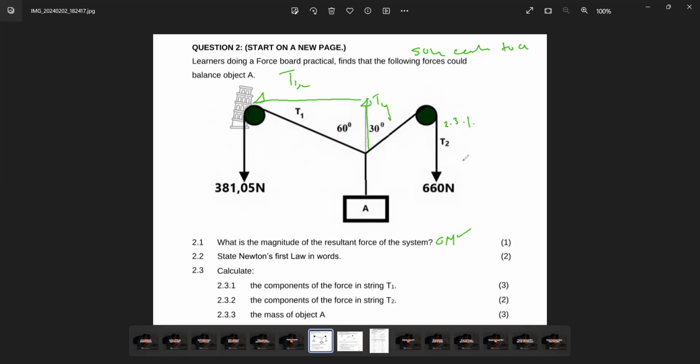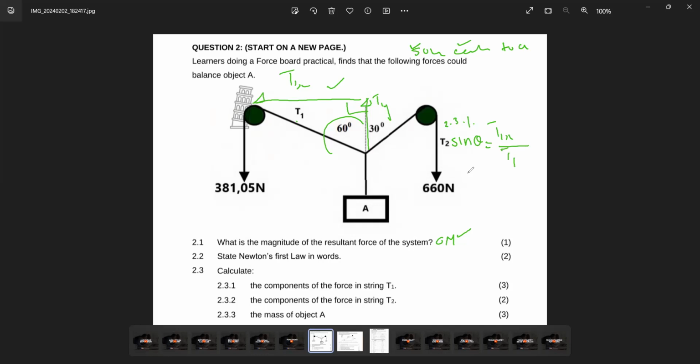So the components are both vertical and horizontal. This is theta, this is the angle. Remember, when they talk about components, they're telling you about sine and cos. Firstly, sine theta, which is this angle, equals opposite, which is T1x, over hypotenuse, which is T1.